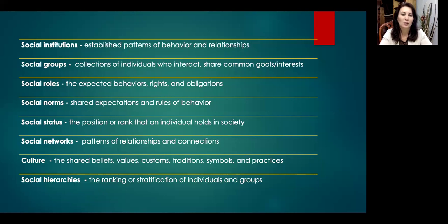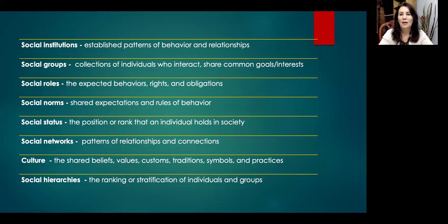For example, I am a mom in my home, and I'm a university instructor at the university, and I can be a player in one of my tennis groups, or I can be a friend to some of my friends. These people have their roles, and the resources in society are distributed based on the roles and status of people in society.